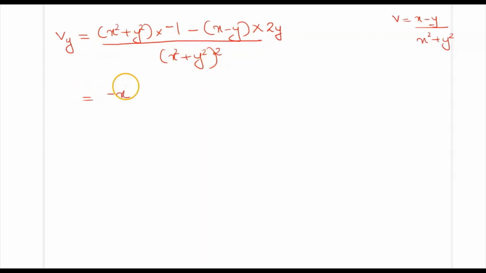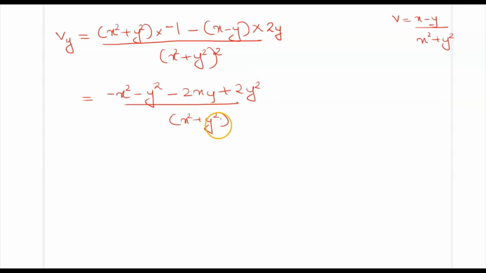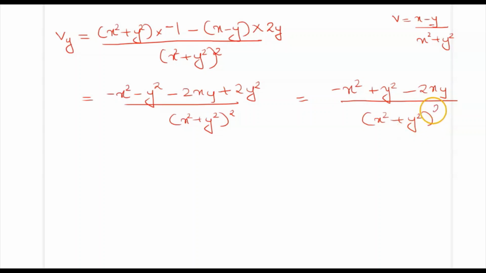It is (minus x square minus y square minus 2xy plus 2y square) divided by (x square plus y square) whole square, which is equal to (minus x square plus y square minus 2xy) divided by (x square plus y square) whole square. So this is vy, and vx we already have.